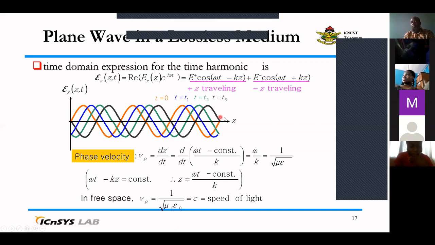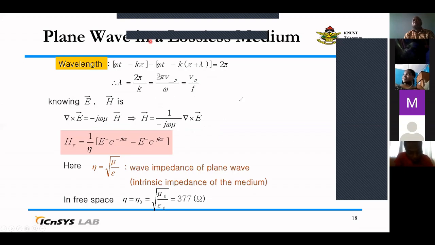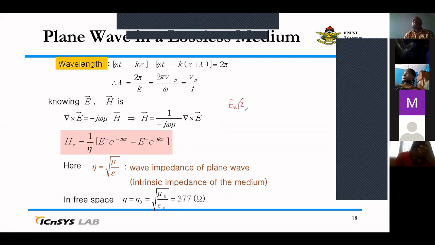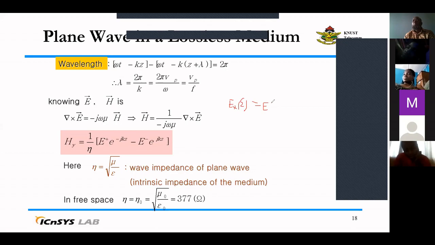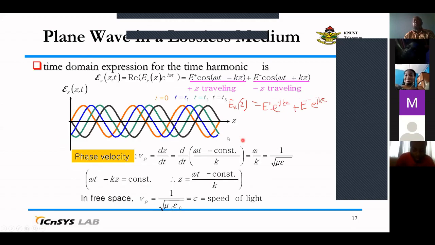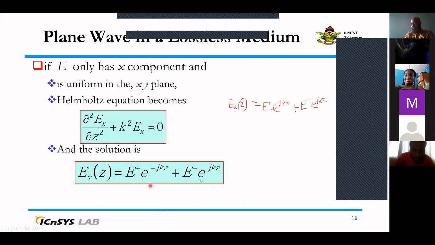Or let's write it in the form of EX of Z will be equal to E plus, then E to the power minus J kz, plus E minus E J K Z. So that is this equation here that we are using.